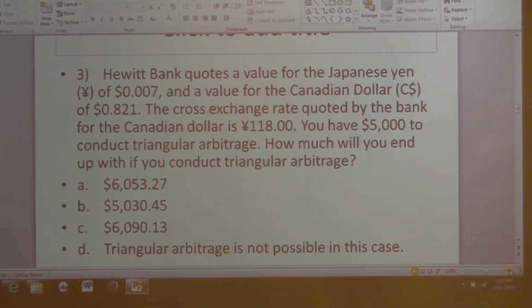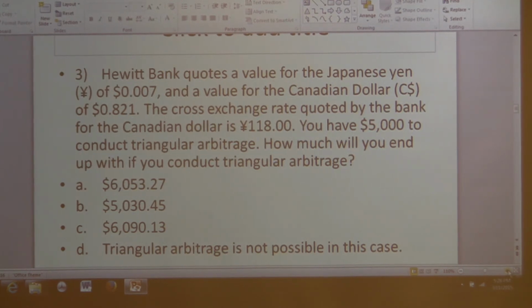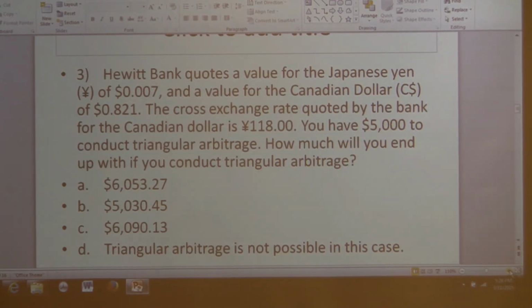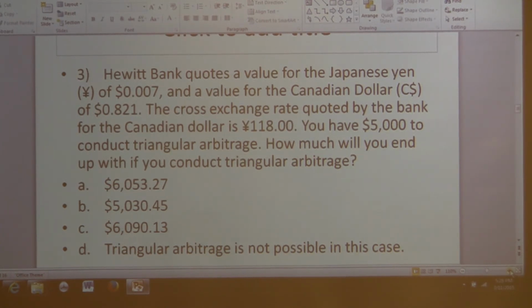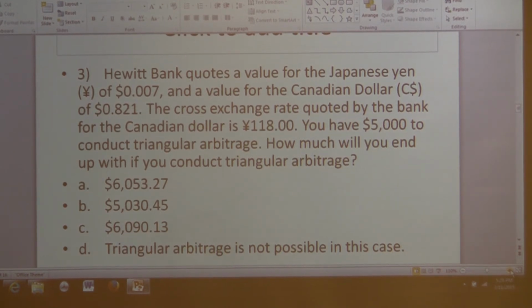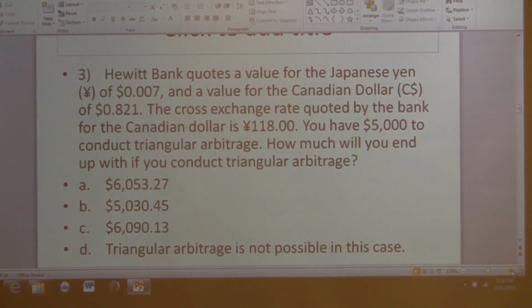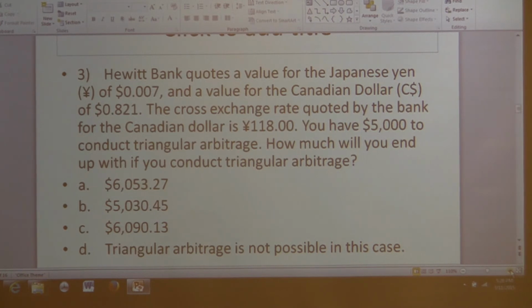And if you look at the Canadian dollar to US dollar times US to yen, okay. So that is equal to 0.821, okay?